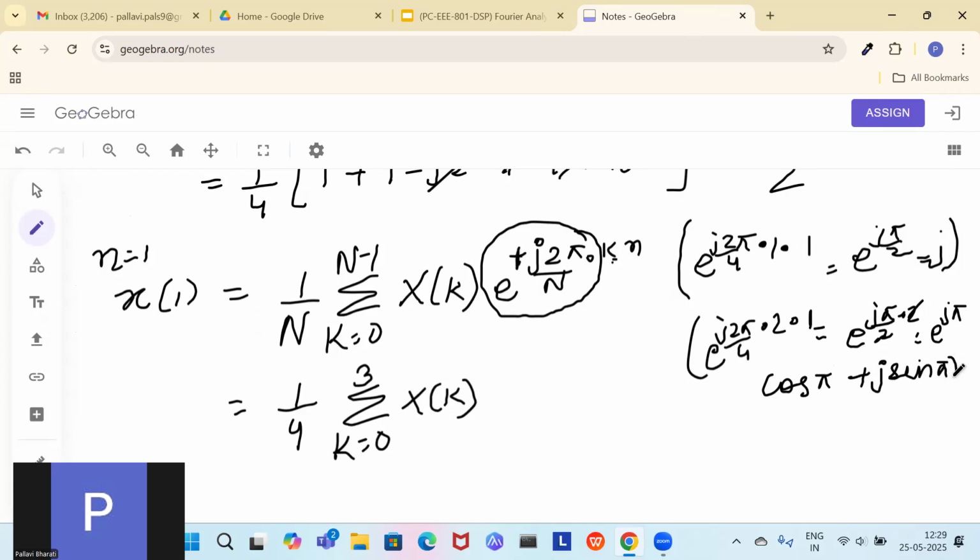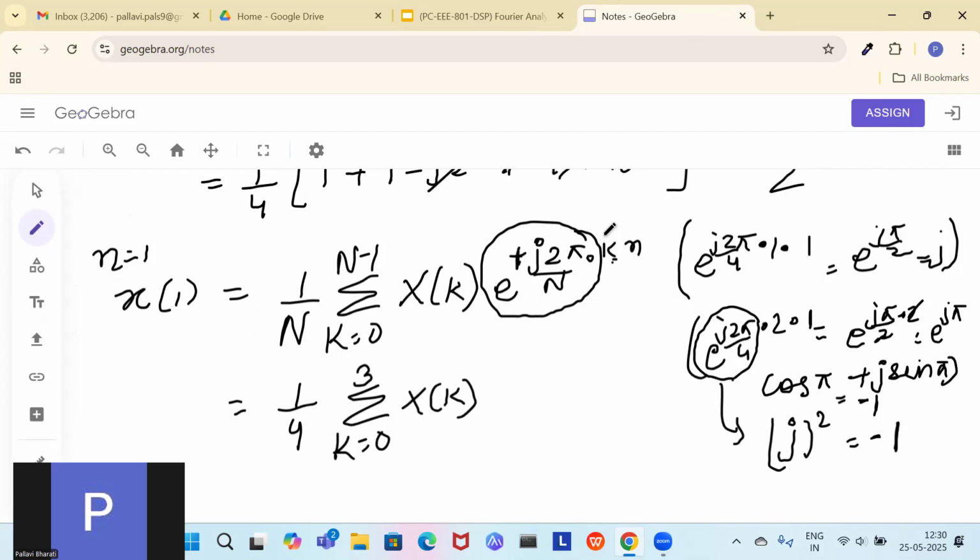Now see, over here in the top, we have taken out this value as e to the power j pi by 2, and when we simplified it, it was only j. Now if I take this j and raise it to the power of 2, how much will I get? -1. And in this case, cos pi plus j sin pi, again this way also you're getting the value -1.